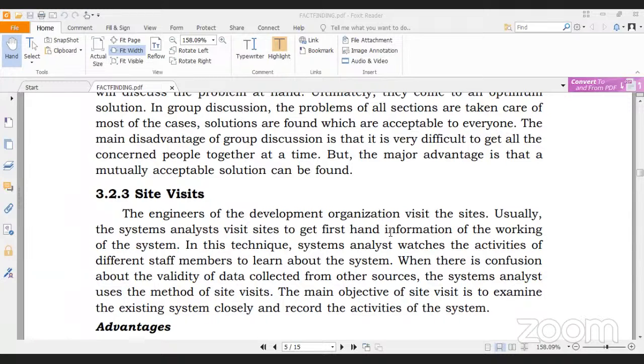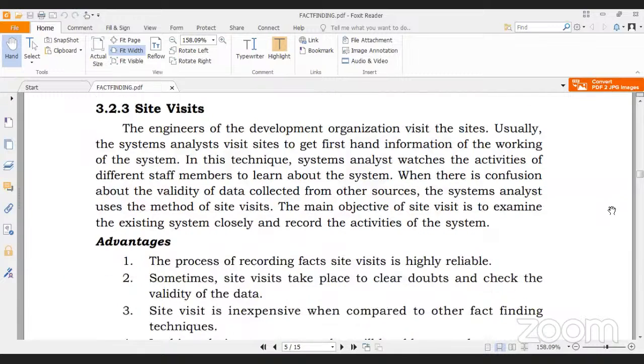And it is normally used whenever there is any confusion in the developer's or engineer's mind about the working of the existing system. They basically go to visit the site. So there are advantages, as I told: the process of recording facts through site visit is highly reliable because you will get real information. I mean, you will have practical exposure to see how the existing system is working.